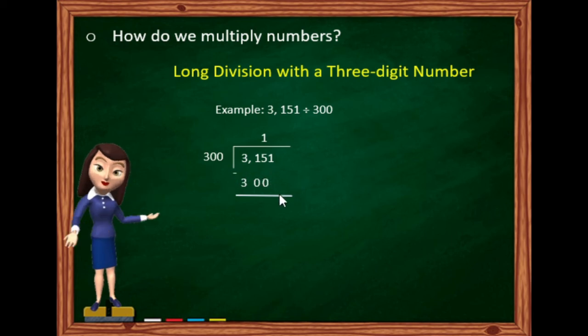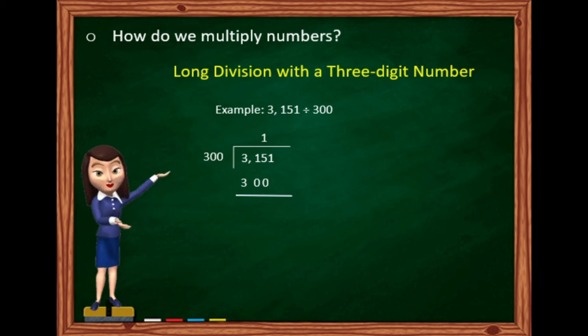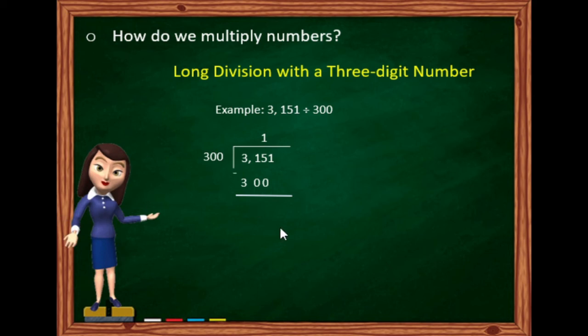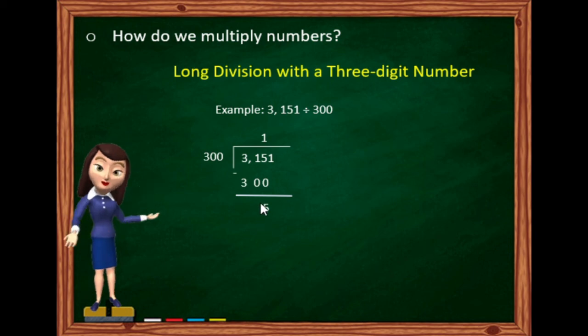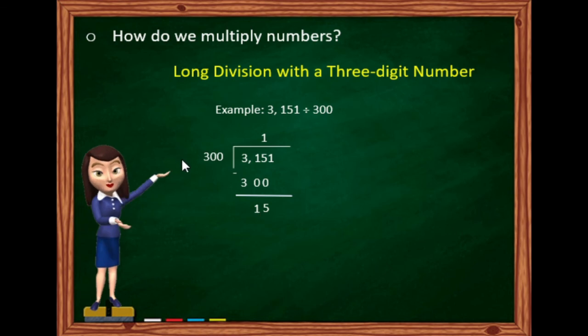Subtract them together from the right. 5 minus 0 is 5. 1 minus 0 equals 1. 3 minus 3 equals 0, but I will not write 0 anymore. So we do 15 divided by 300.